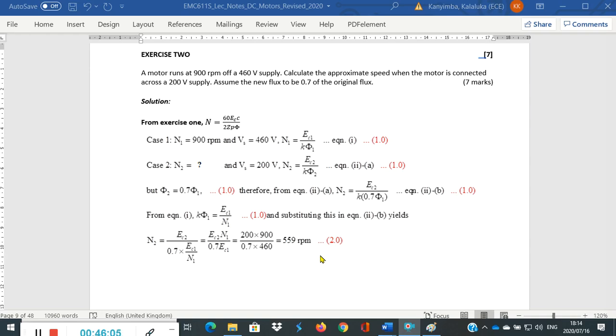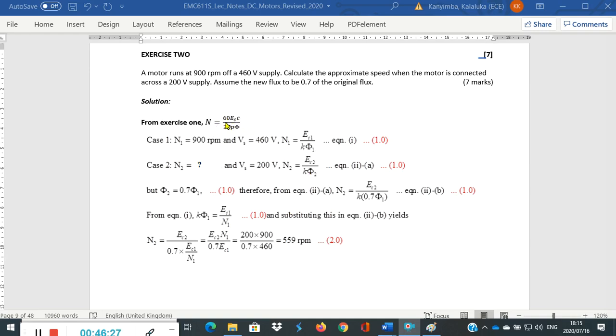So this gives us one method of speed control, which is voltage speed control for a DC motor. By changing the voltage, we can change the speed, as we can see from this equation.